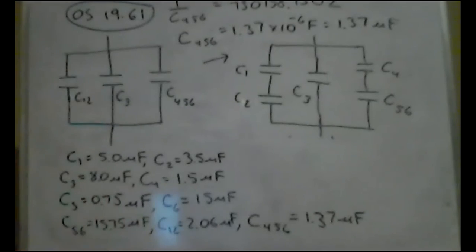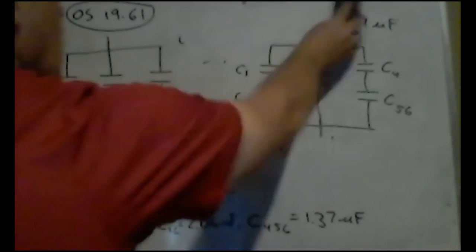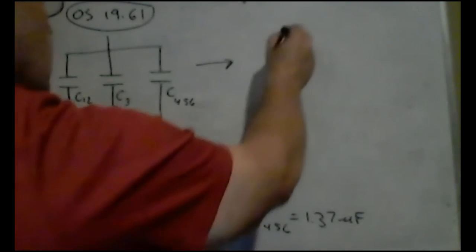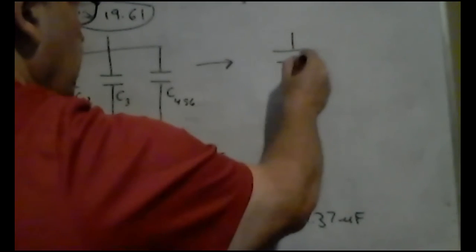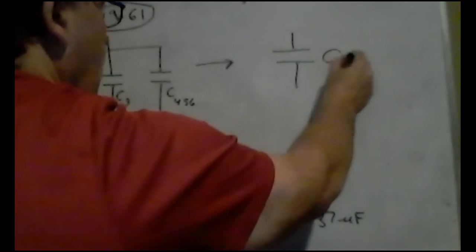All right, so now I know C12, C456, and I know C3. What I want to now do is combine them all to give me one final capacitor. So I'm going to finally write one last diagram, which is simply looking like this, C total.